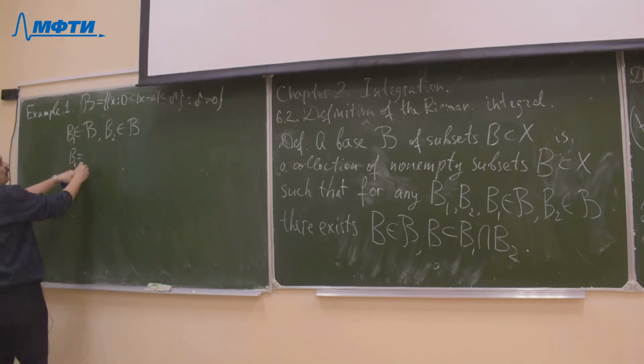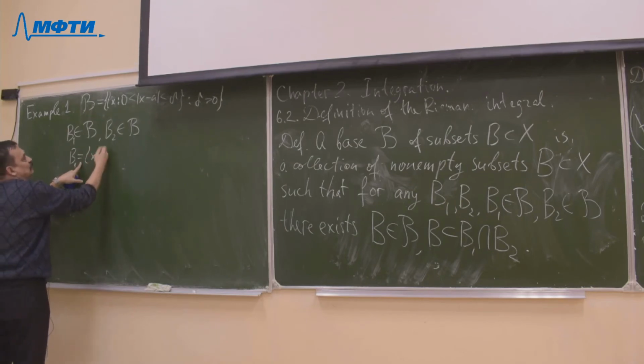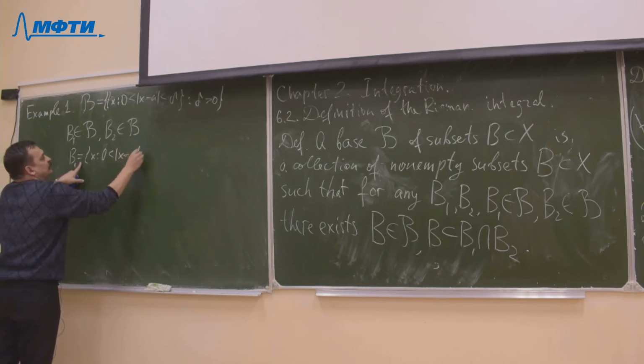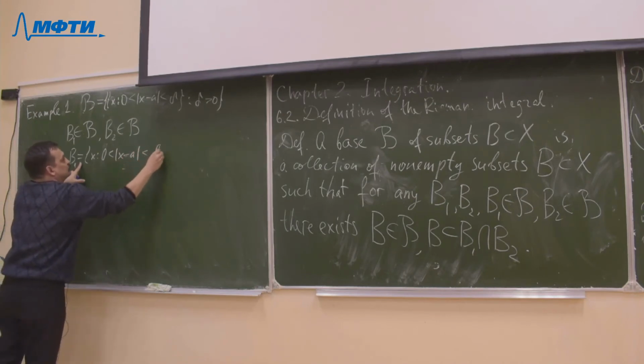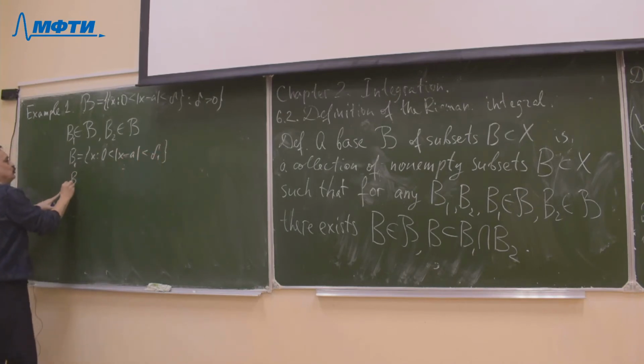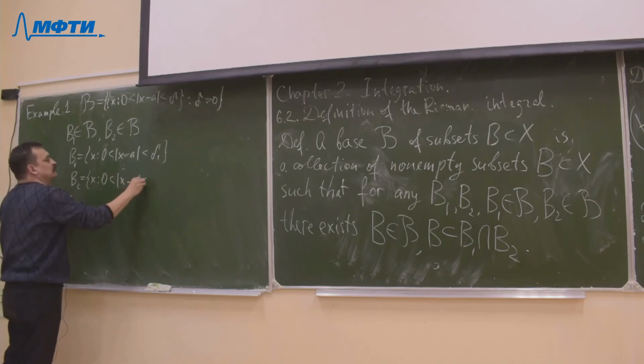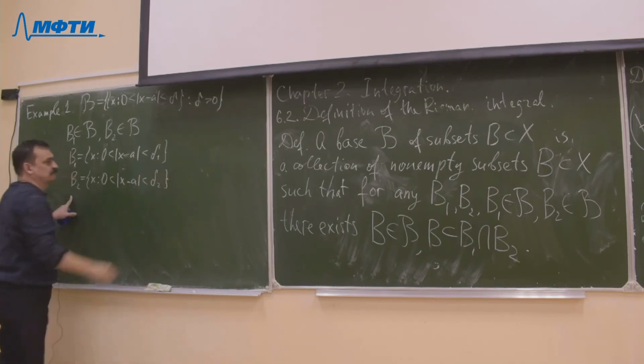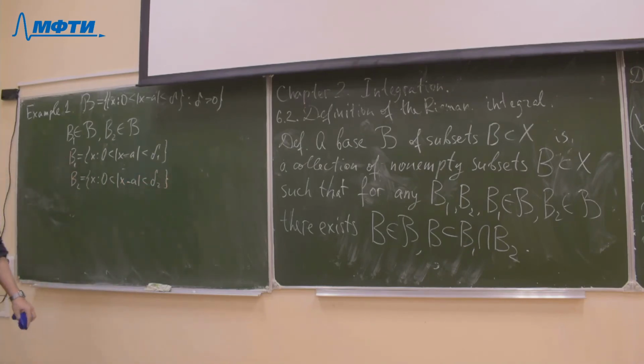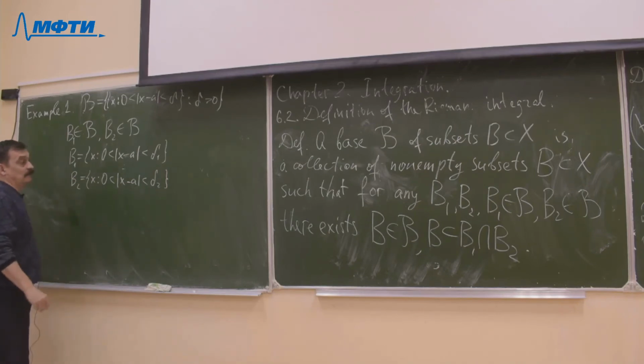So B1 is 0 less than |x minus a| less than delta 1. B2 is the set of x with |x minus a| less than delta 2. Then what is the intersection?